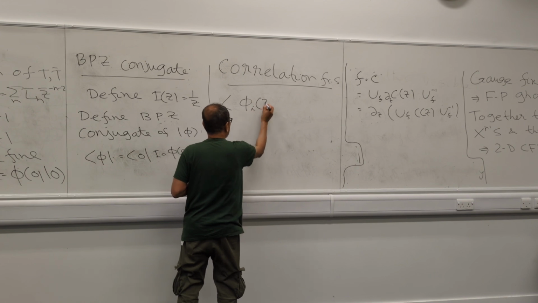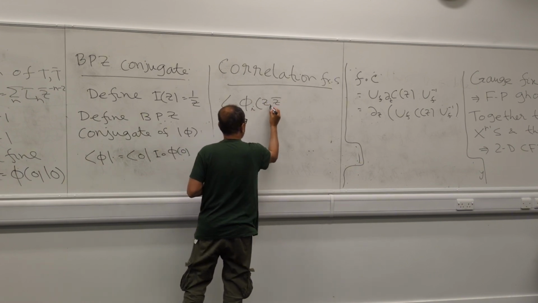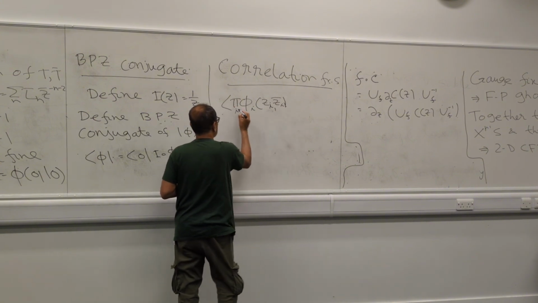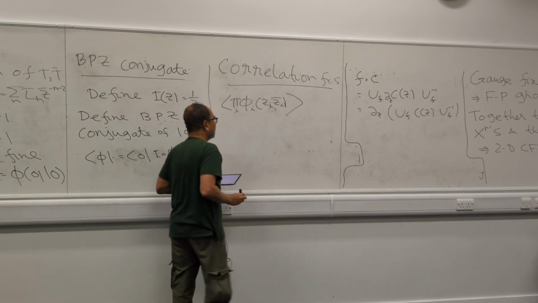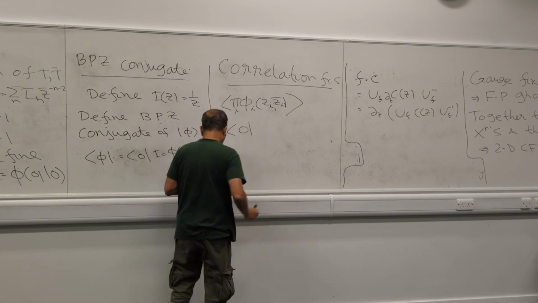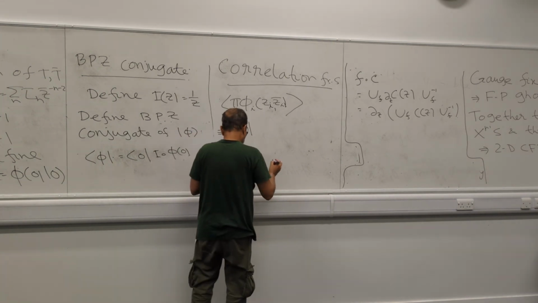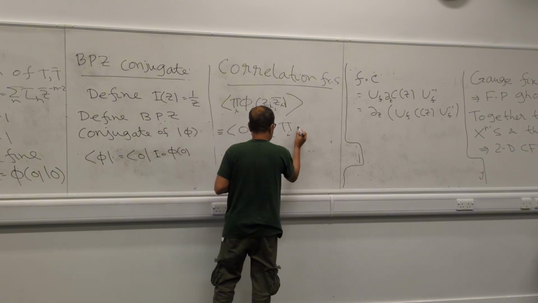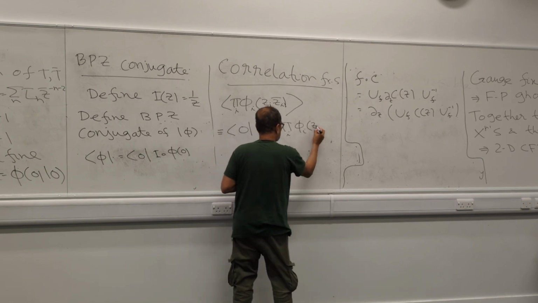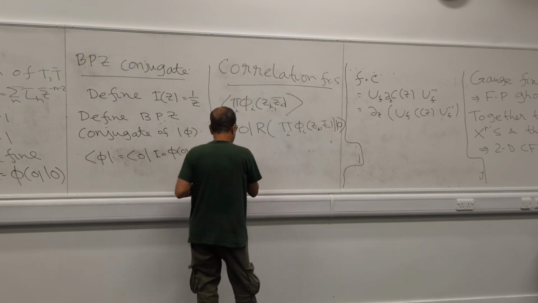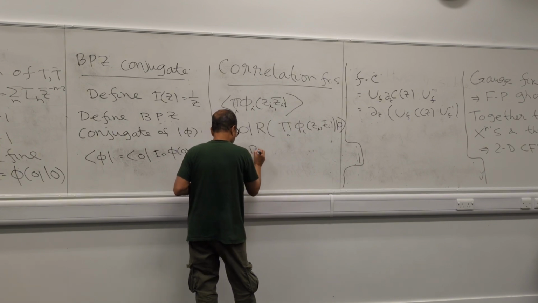Suppose you have operators; this is by definition the vacuum expectation value of the radial ordered product of operators, where R stands for radial ordering.